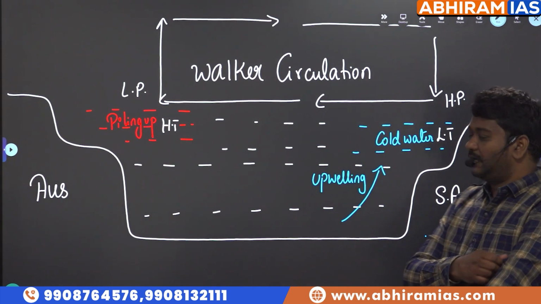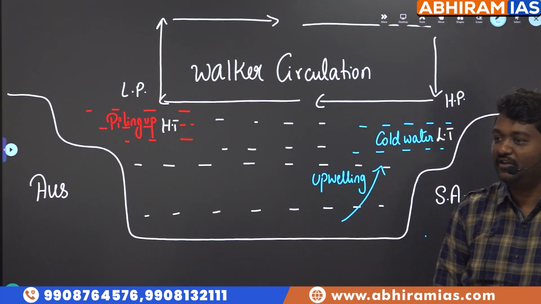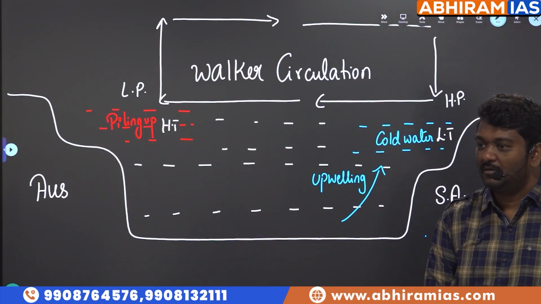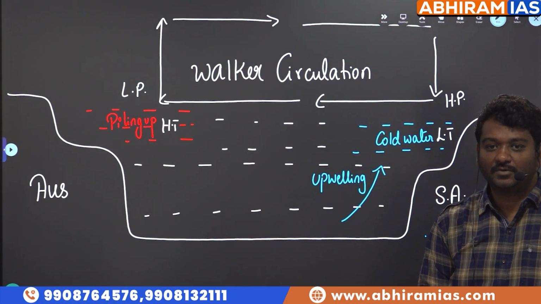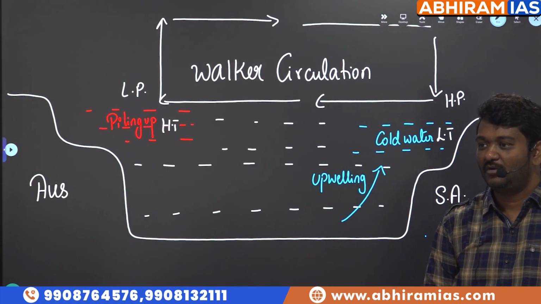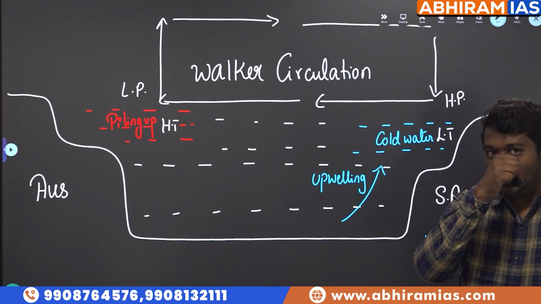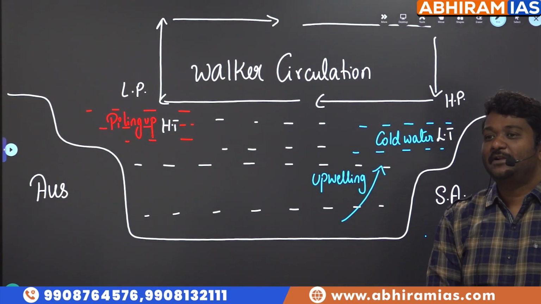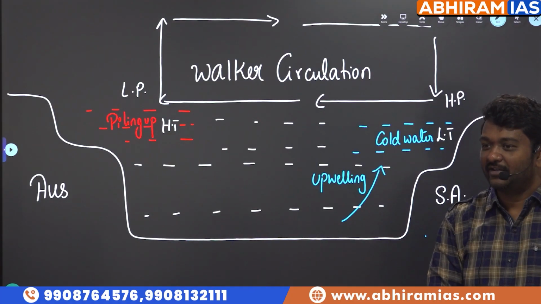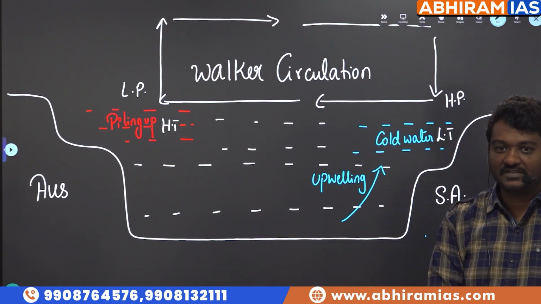Now, guys, what is the reason for El Nino? If they ask you, what is the reason you tell? Many people tell there is no proper reason which we are aware. This is what everyone says.